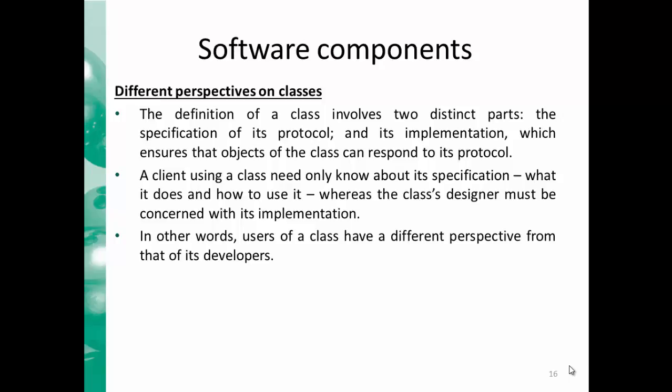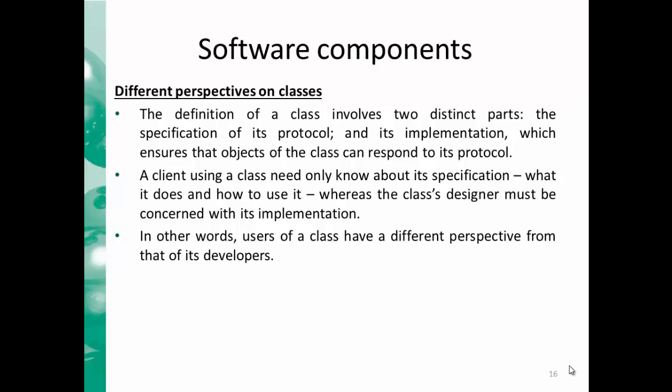Now we elaborate more on the perspectives of the user and developer considering classes. The definition of a class itself is distinct into two parts: the specification of the protocol and the detailed implementation.